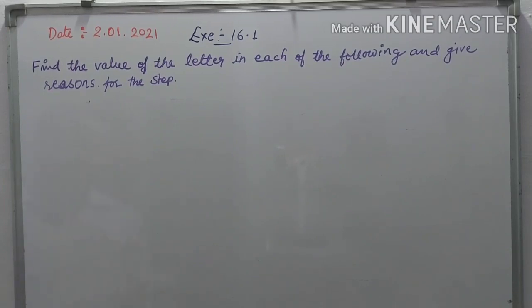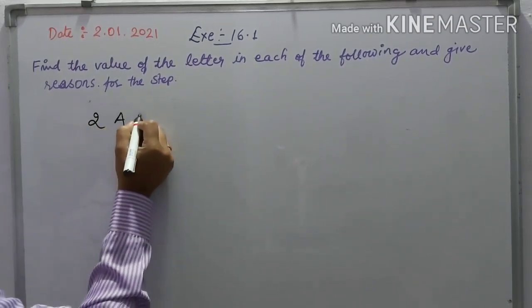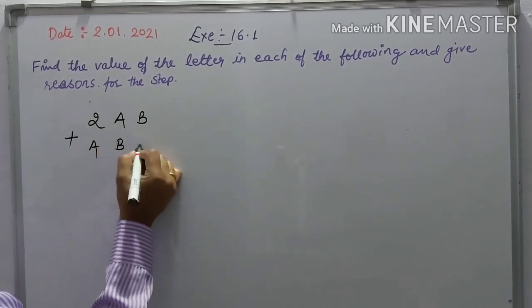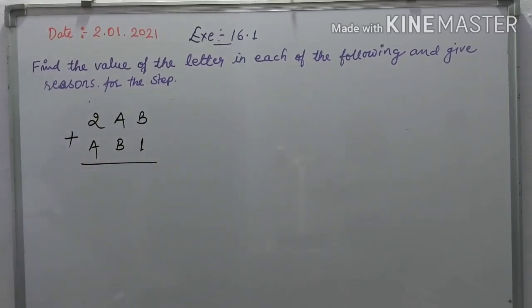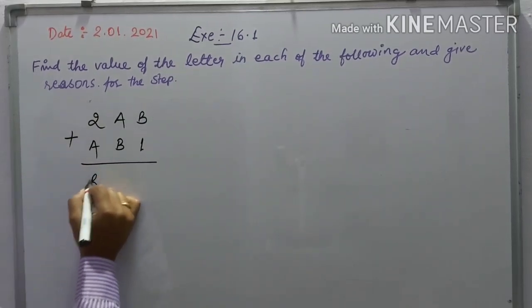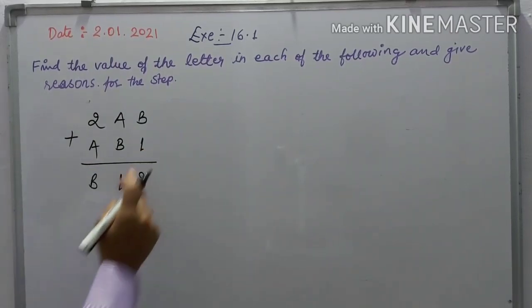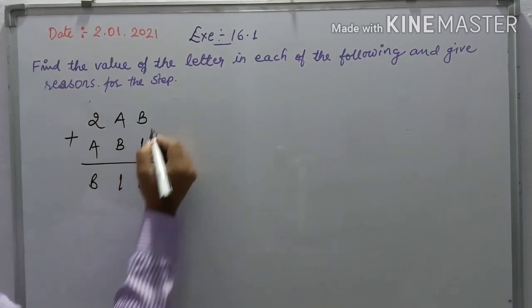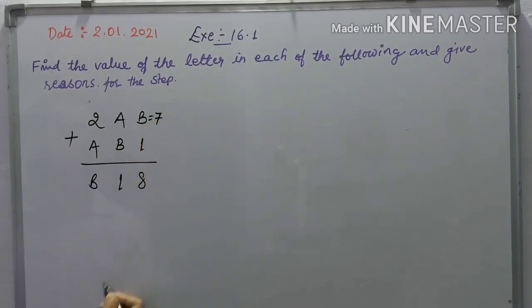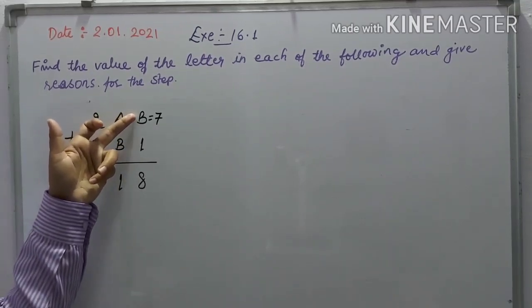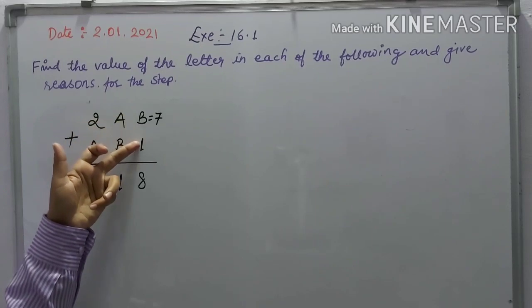And next is a2b plus ab1 is equal to b18. Okay, b plus 1, it means suppose b is 1, 1 1 2, suppose 2 2 and 1 3, 3 3 1 4.